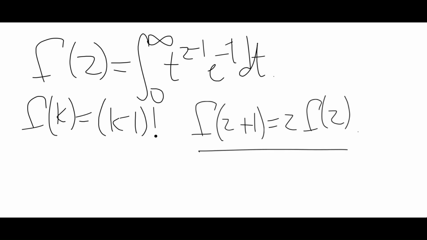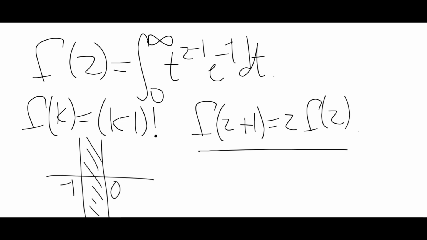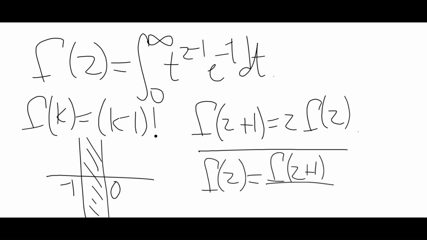And we can use this formula to extend gamma to the entire complex plane. So for example, if you have some z value in this strip here, so the real part is between -1 and 0, what you can do is say gamma of z equals gamma of z plus 1 over z. And now gamma of z plus 1 is well defined in that range. So you can apply the integral formula.